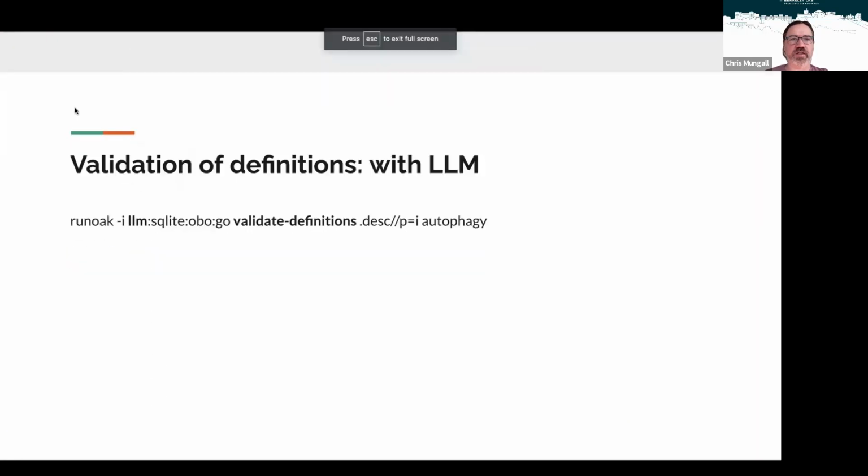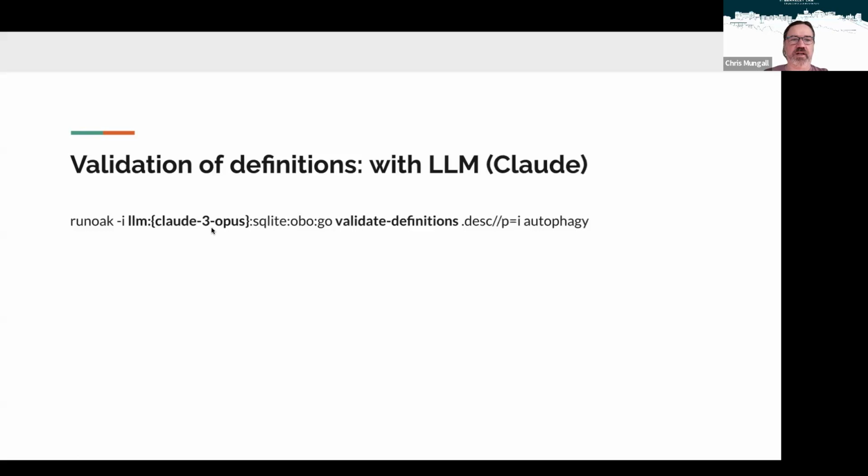Let's maybe move over now into validating definitions with large language models. The key here is that you wrap an existing adapter with an LLM, and the syntax is you just prefix your normal OAK adapter with llm, and then you can also optionally give the name of a particular model you want to use here.